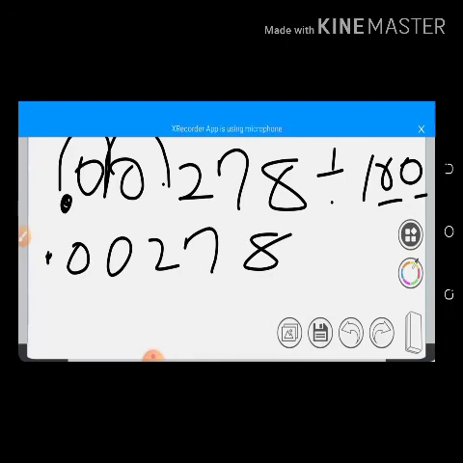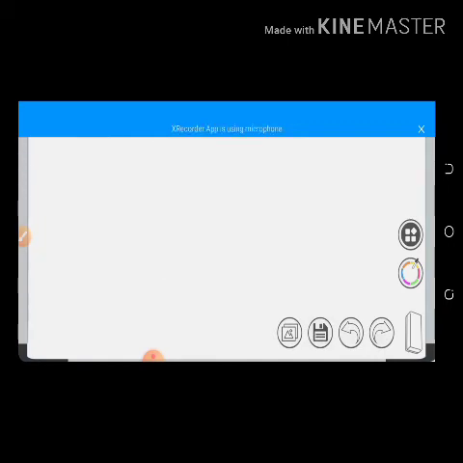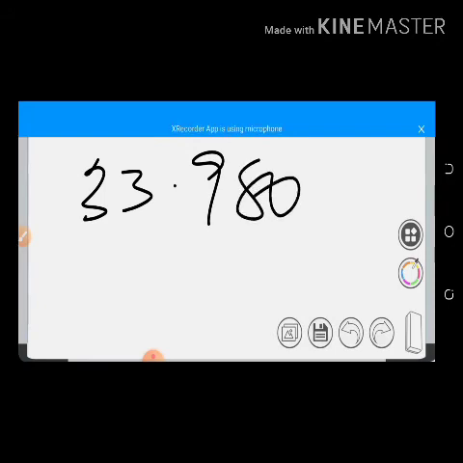Did you get it? When you're dividing, you move forward. When you're multiplying, you go backward. You go towards the back. Now let's look at another example. Let's say something like 33.980 divided by 1000. 1000 has how many zeros? 1, 2, 3.